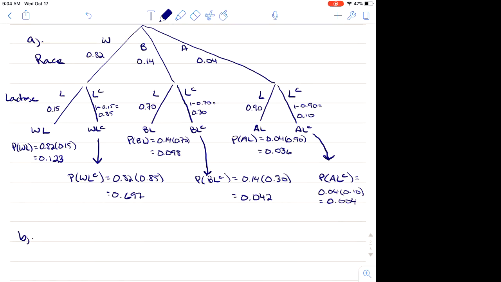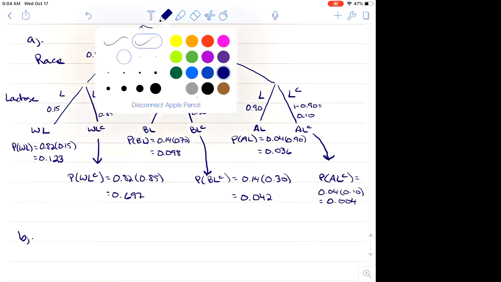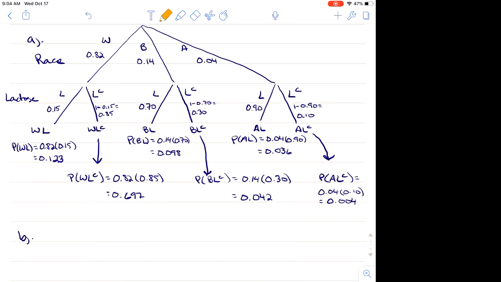Okay. So now we want to go through and figure out, well, these guys are lactose intolerant, these guys are lactose intolerant, and these guys are lactose intolerant, right? Because these percentages that we calculated are out of the total population.